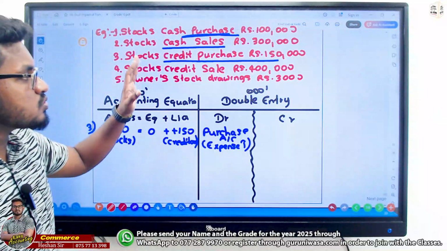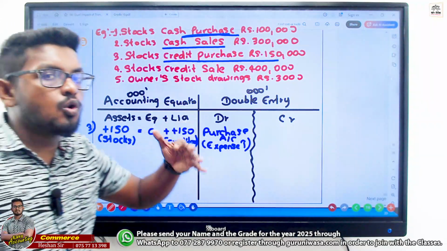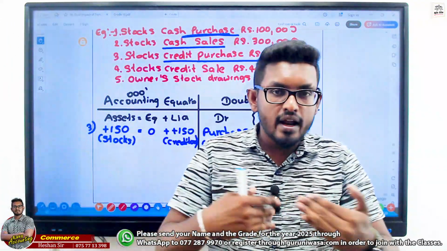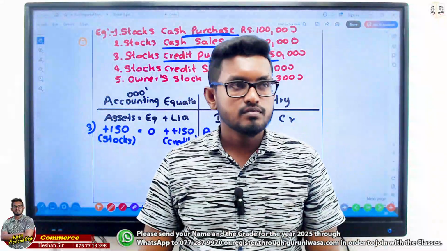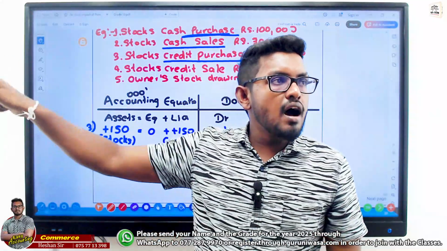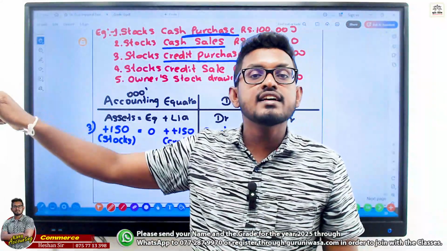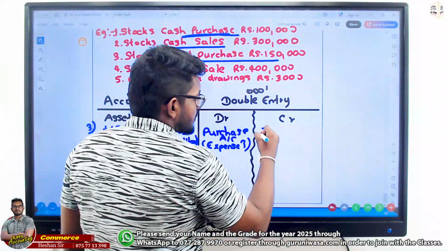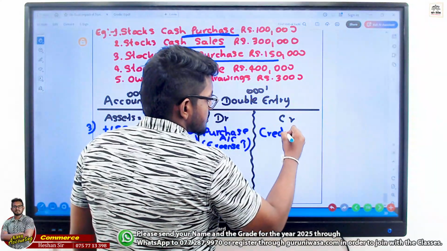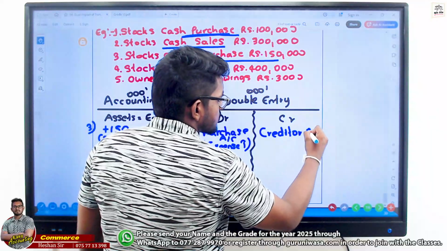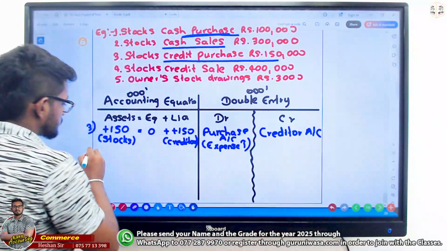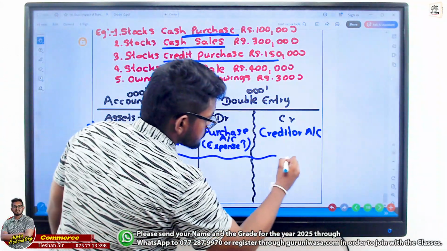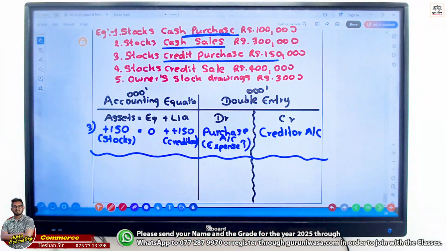But when it comes to credit purchase, there is no any cash inflow outflow at the purchasing movement. Understand? The other part we concern as creditor liability. So creditor liability increase. So when liability increase, it's credit. So creditor account credit. Understood? All clear to you guys?